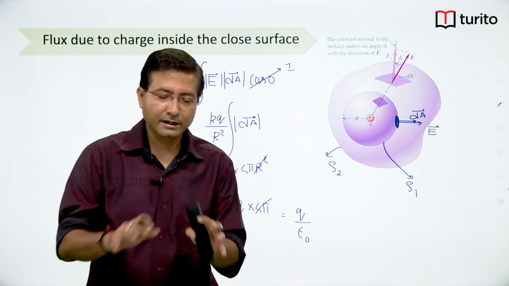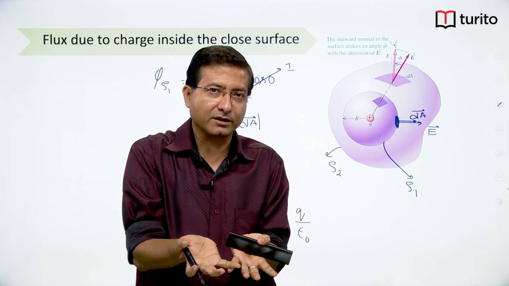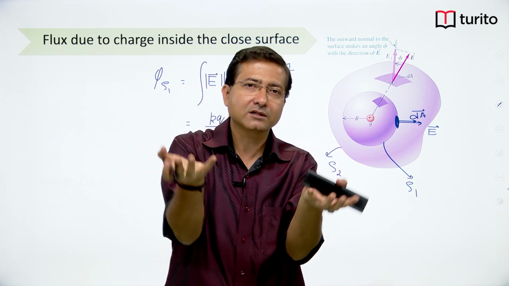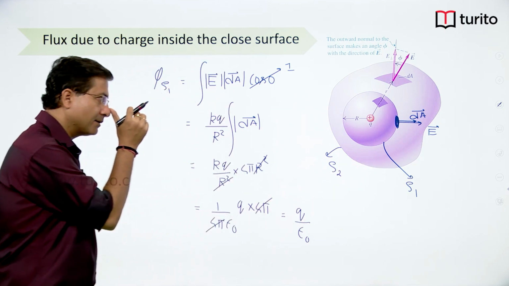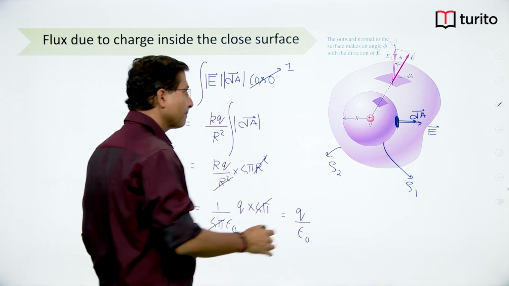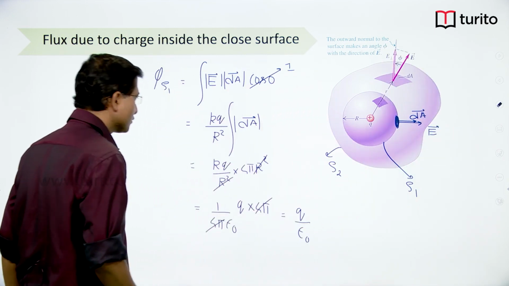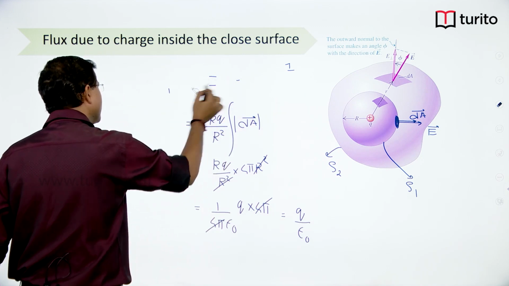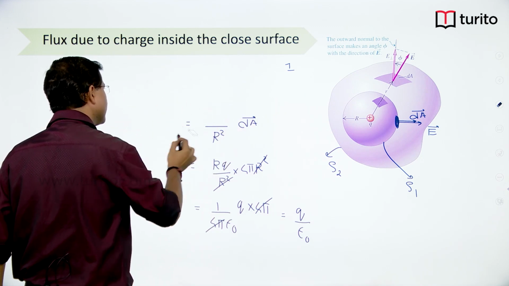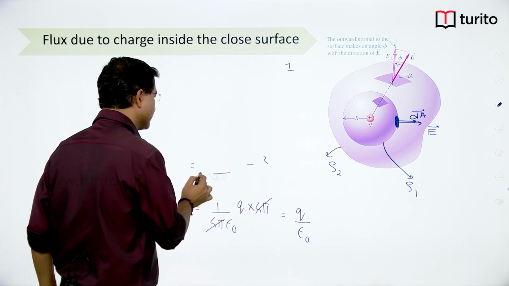Now, instead of taking this spherical surface, if I take any potato shaped surface, any irregular surface like this S2, let us check whether we are getting same result or not. So, remember the result, q upon epsilon naught we got through S1.